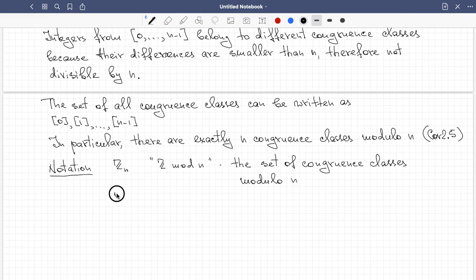That means Z mod n is this set: 0, 1, and up to n minus 1, a set of n elements.